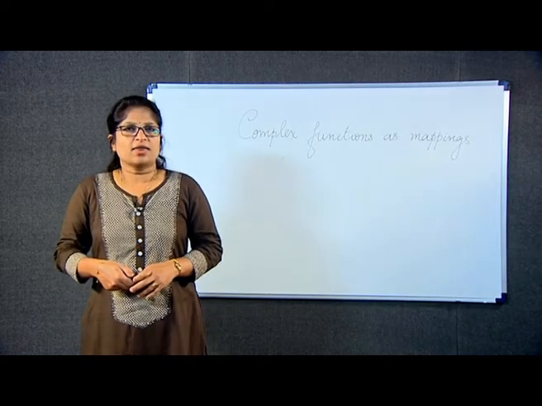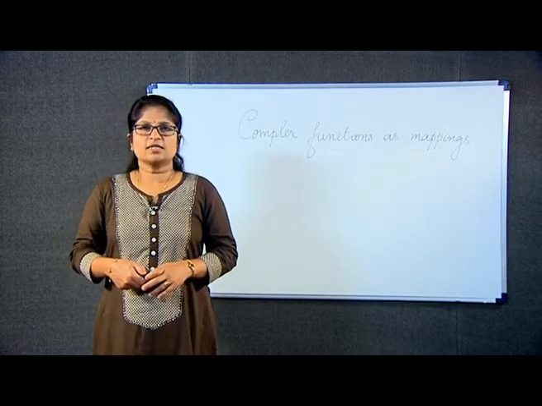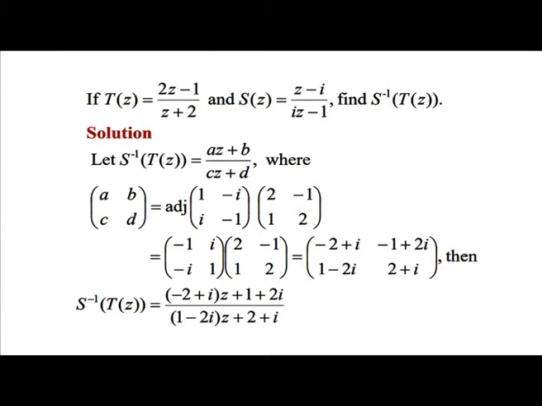Now, let us see another example. If your T(z) is (2z - 1)/(z + 2) and S(z) is the function (z - i)/(iz - 1), find S inverse of T(z). Let S inverse of T(z) be (az + b)/(cz + d).